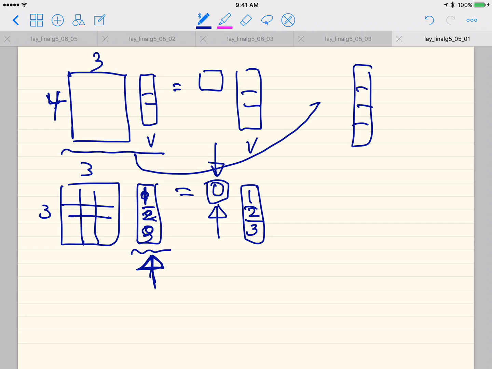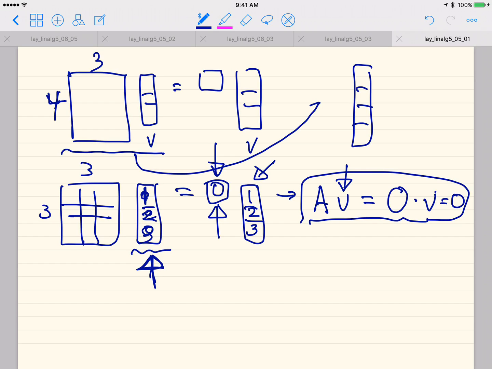Let's think about this special case a little bit more. This equation becomes A times V equals what? Zero, more exactly 0 times V, but it's still a zero vector. And again, V should be a non-zero vector in order to call it an eigenvector. This equation suddenly became quite familiar to us.